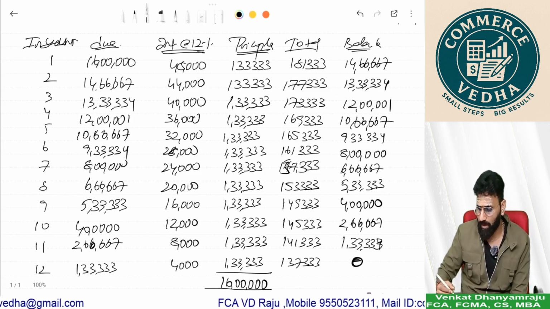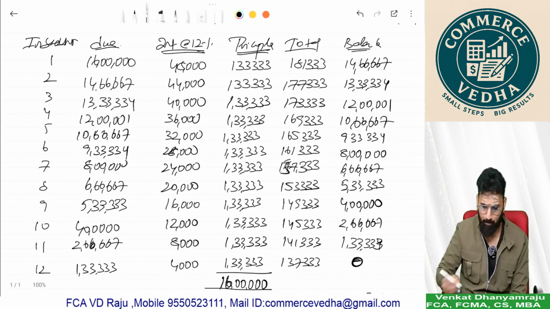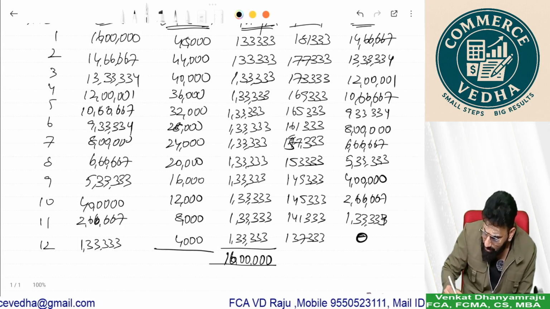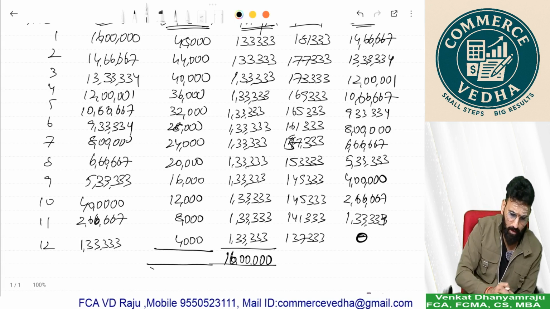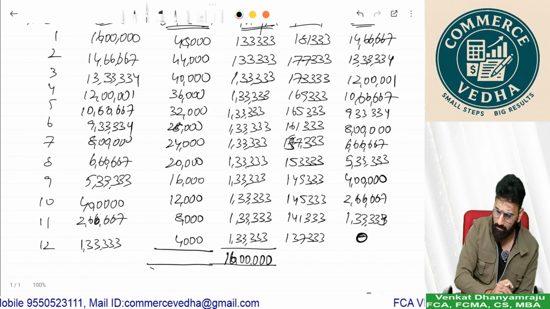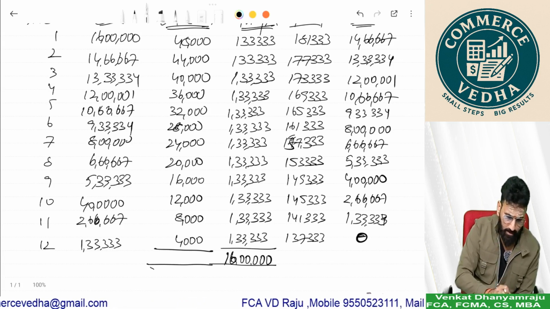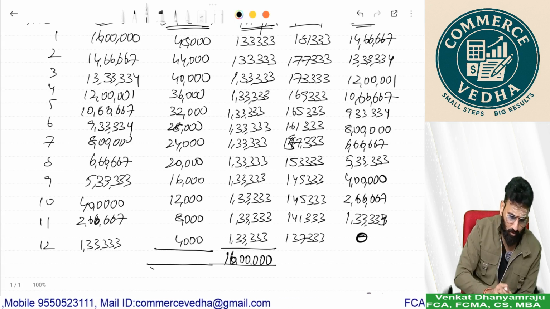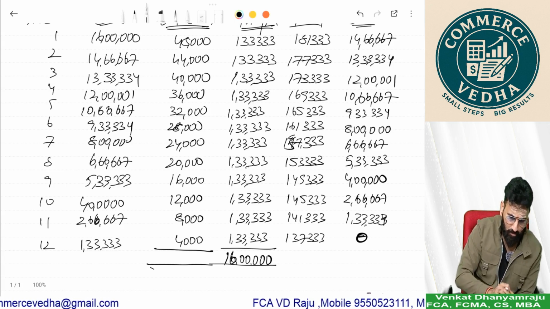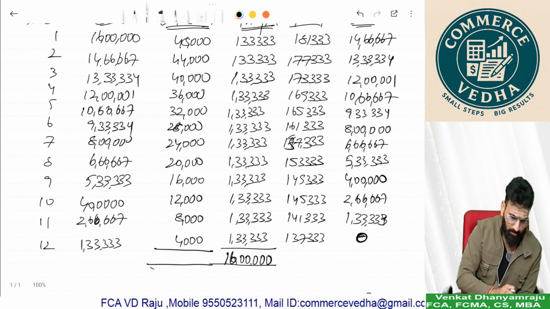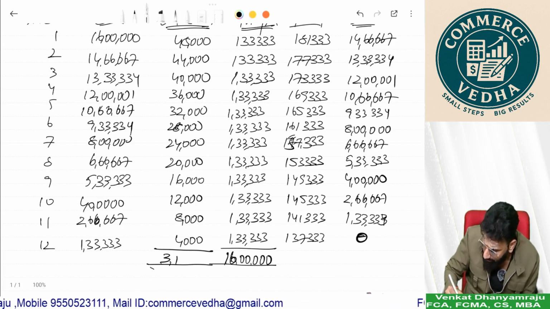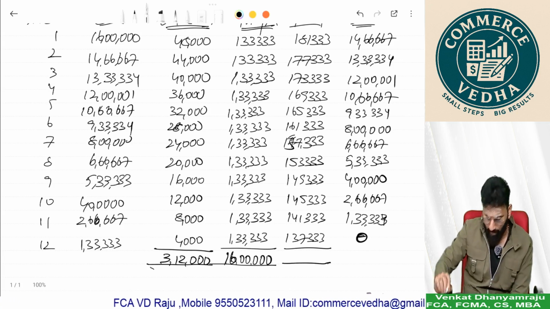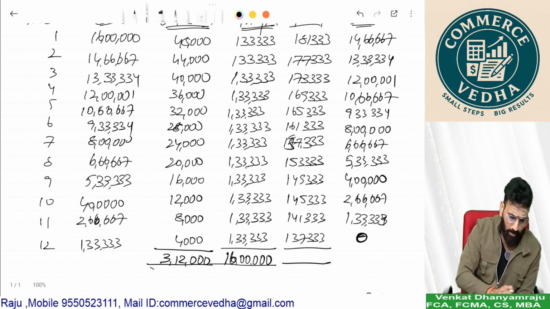And if I see what is my total cash price, I paid 16 lakhs, and if I add the interest, what is the interest I paid? 48,000 plus 44,000 plus 40,000 plus 36,000 plus 32,000 plus 28,000 plus 24,000 plus 20,000 plus 16,000 plus 12,000 plus 8,000 plus 4,000. You paid total interest of 3,12,000.